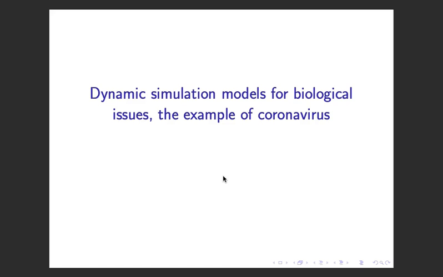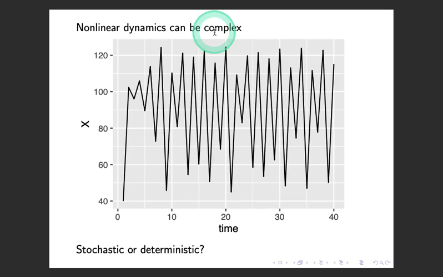We'll now look very quickly at dynamic simulation models for biological issues, and our idea is that we're thinking of the example of coronavirus. Nonlinear dynamics can be complex. Over here, we see the plot of x over time. Is the process generating x stochastic or deterministic?